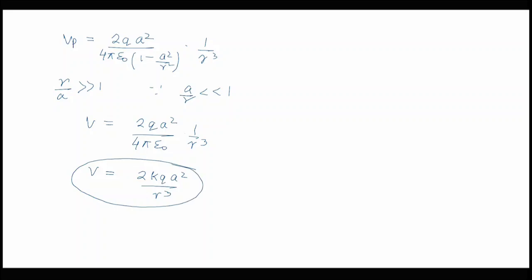From this expression which we have deduced, it can be inferred that the potential in this case, that is the quadrupole, is inversely proportional to r cube. For a dipole we have seen that the potential is inversely proportional to r square.